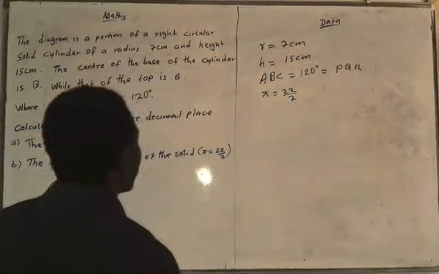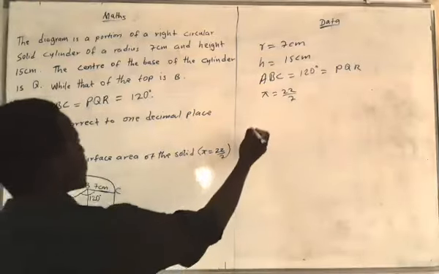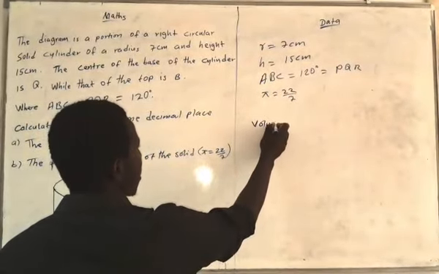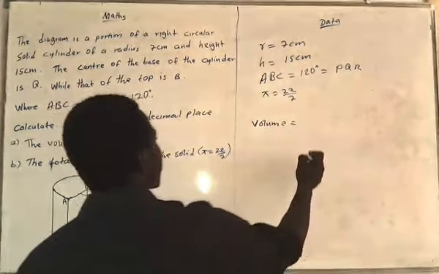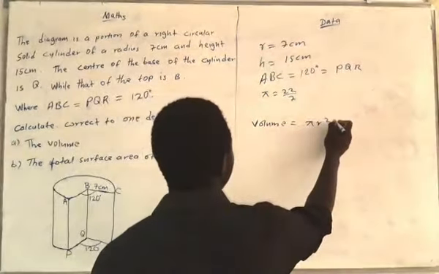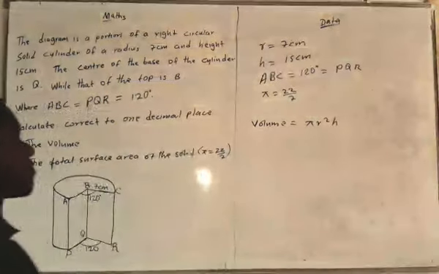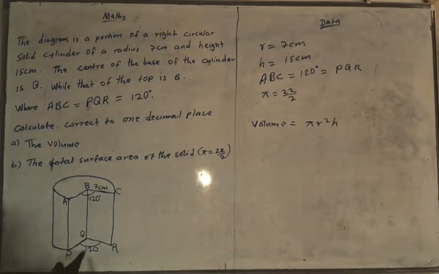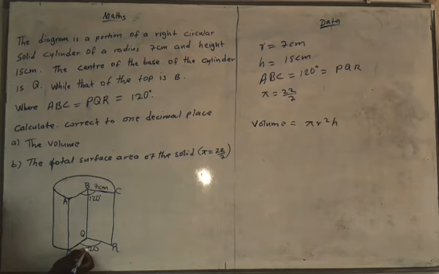If you remember from the previous class, we said the volume of a cylinder is equal to pi r square h. But if you check here again, 120 is out. If you try to trace it, you will see that out of 360 degrees, if you remove 120, you are left with 240.